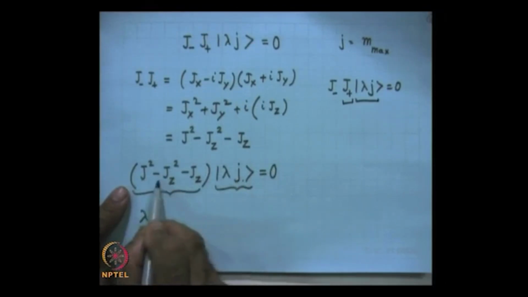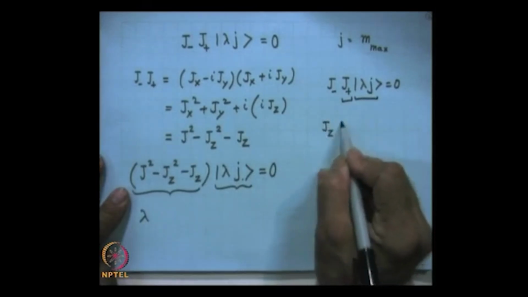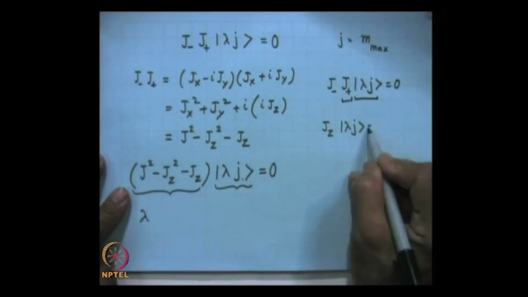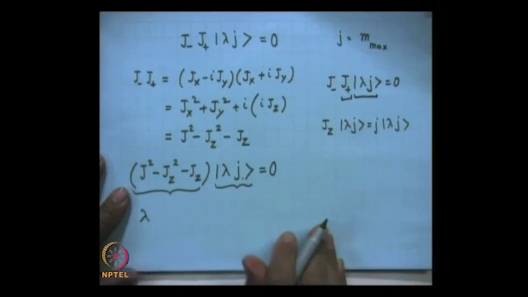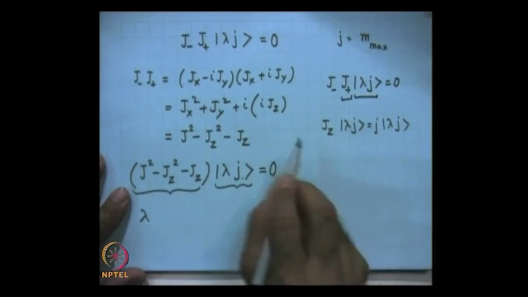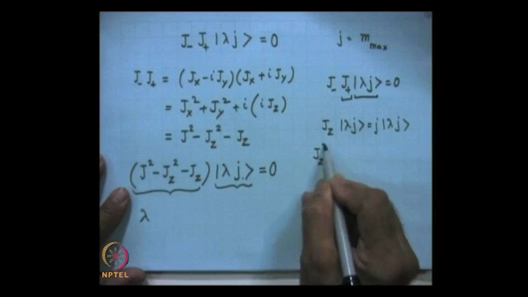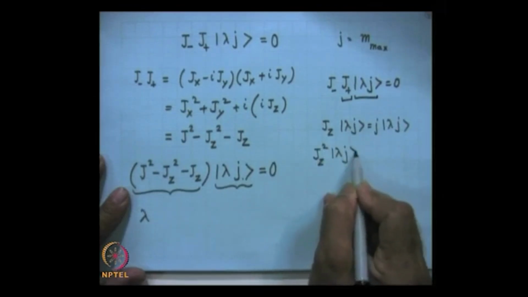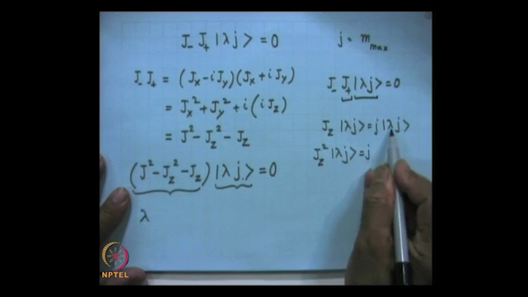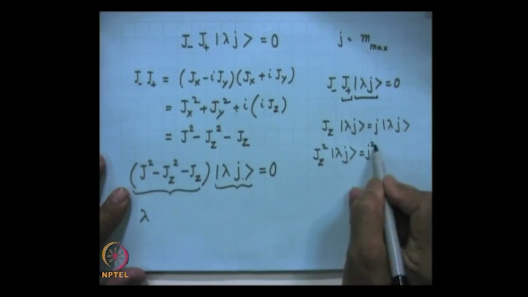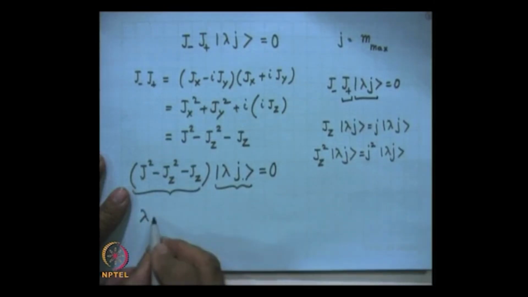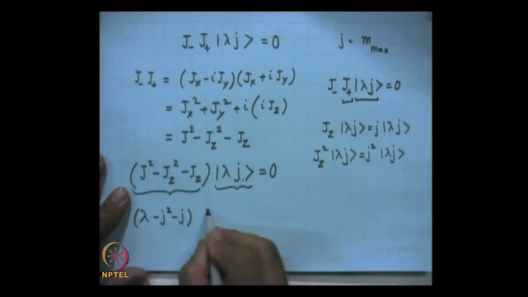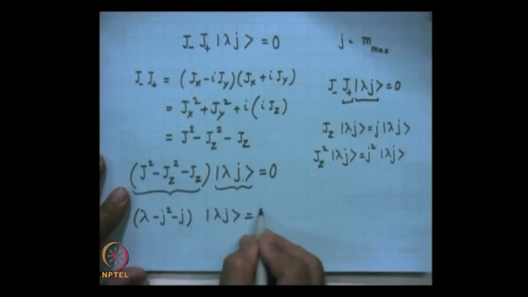So, Jz ket lambda j is equal to j ket lambda j, because this is the eigenvalue of Jz, and therefore, if I operate again by Jz, Jz square ket lambda j will be equal to j operating Jz on ket lambda j, so that will be j square ket lambda j. So, this will be lambda minus j square minus j operating on ket lambda j must be a null ket.